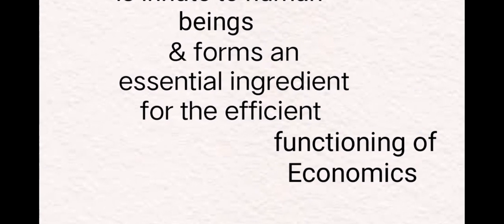Pro-social behavior is very important not only for fiscal policy, monetary policy and taxation; our economic development also depends on society's behavior, meaning human behavior. So pro-social behavior is very important for an efficient economy.